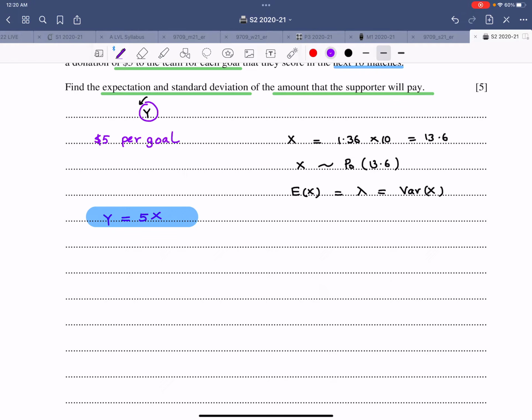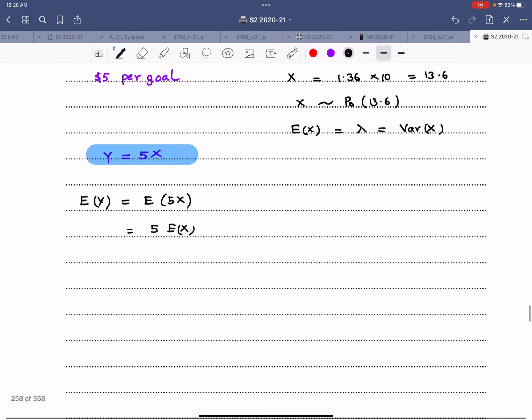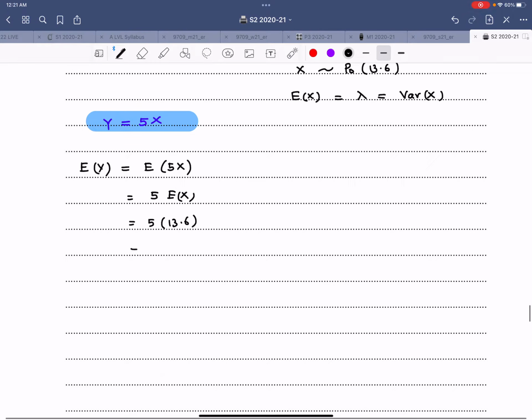So the expectation of Y is the expectation of 5X, that is 5 times the expectation of X, that is 5 times 13.6. Using a calculator, we get 68. Naturally the units are dollars.